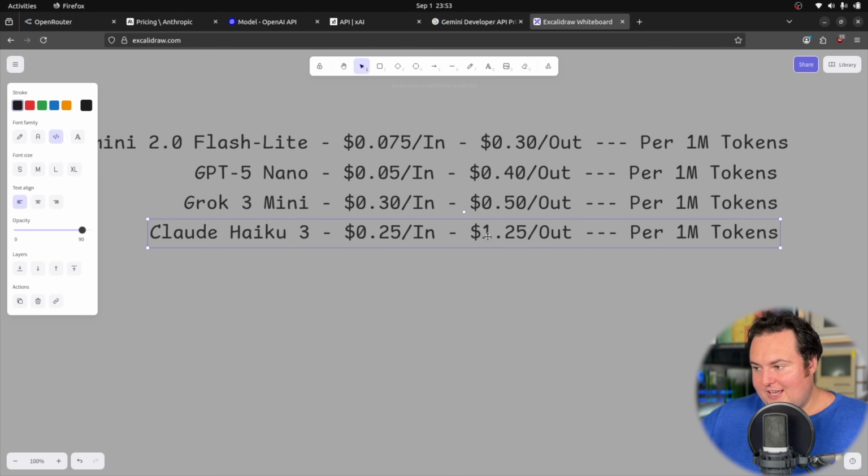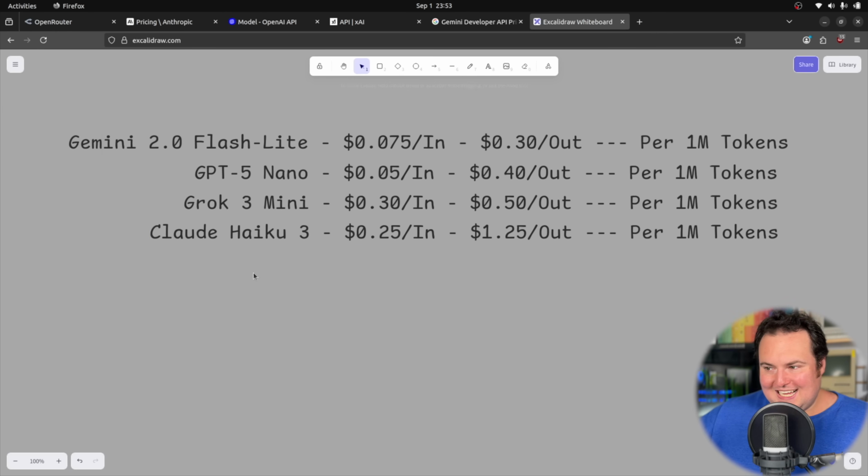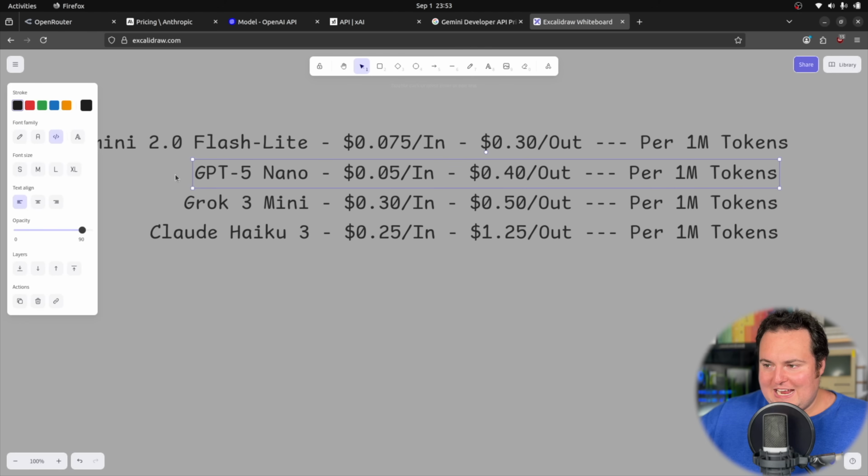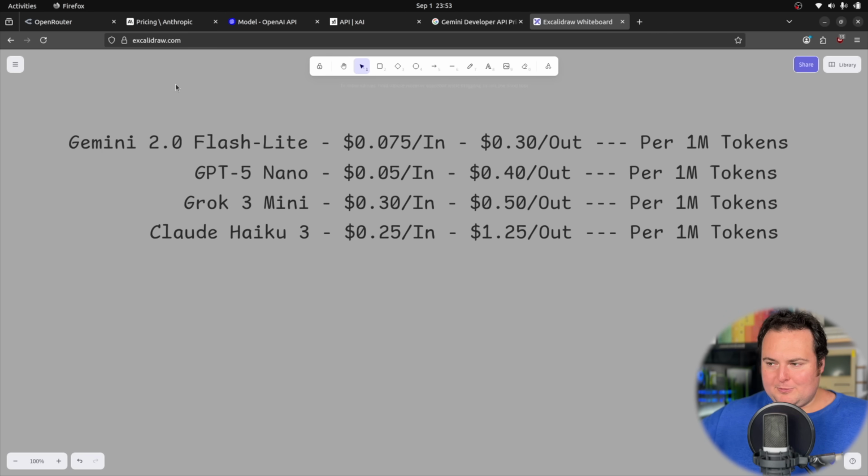Claude Haiku 3, considering the vast delta between the pricing of this and the rest, I would probably say, and then if I were to judge these, I would probably go GPT-5 Nano in first place, Grok 3 Mini in second place, Gemini 2.0 Flash Lite in third place, but keep that somewhat interchangeable with second place, and then Claude Haiku 3 at a completely fourth place, no questions about it.